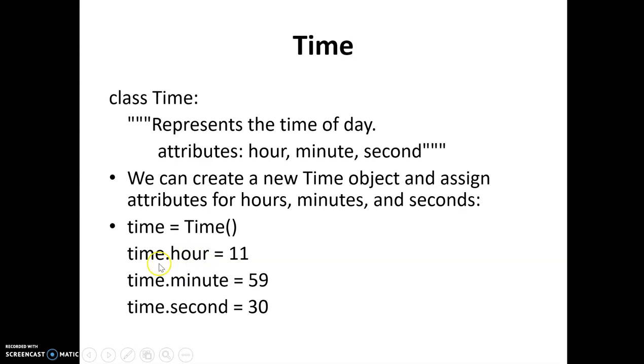Similarly, the values can be set here. So this example tells that you have created the class Time, created the object for the class Time, and set the three attribute values, namely hour, minute, and second, the values being of your choice.